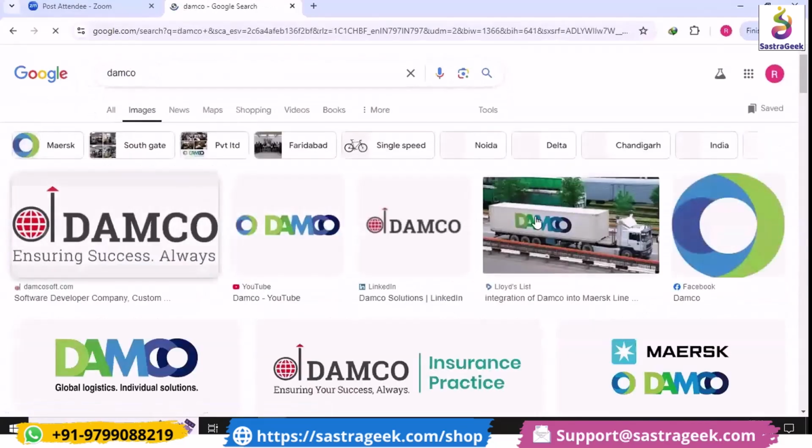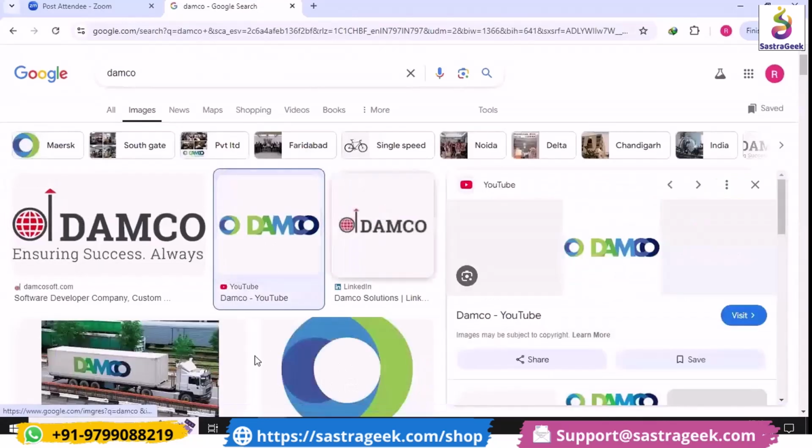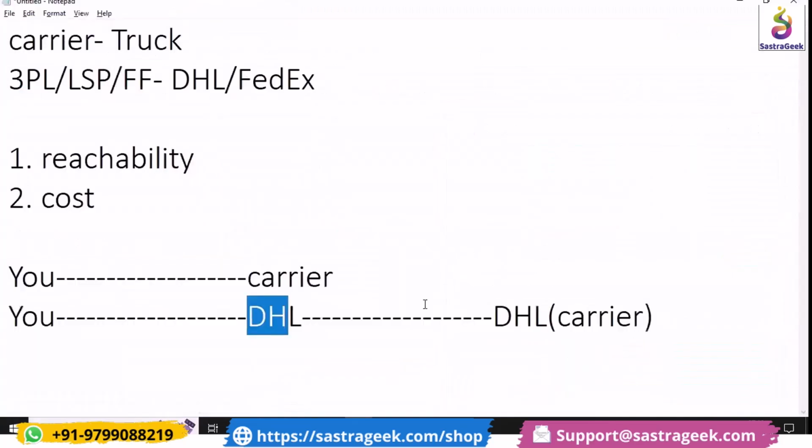Not this Damco, this Damco. This symbol Damco is basically the one which is the 3PL company of Maersk only. So it is not something that if I see something as DHL, I cannot get into the carrier business.